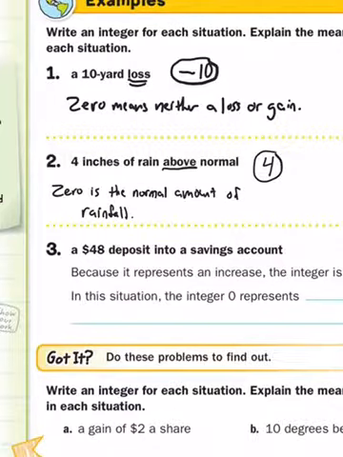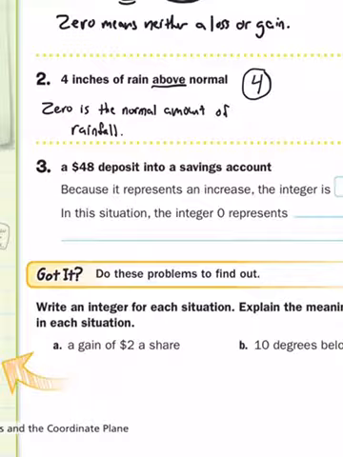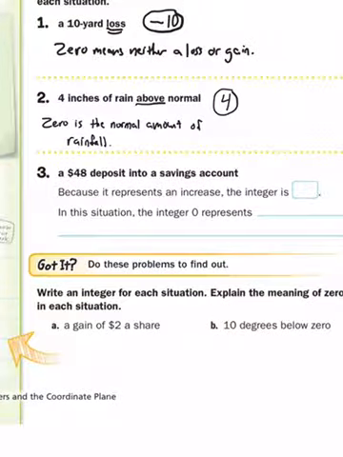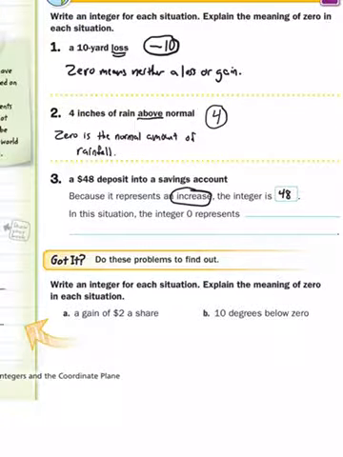Okay, so in example 3, it says a deposit of $48 into a savings account. So think of your checkbooks for this one. If you are depositing money, you are increasing your money. So because it represents an increase, the integer is a 48. Now, it's positive. I didn't write a plus sign. You don't need to do that. Now, in this situation, the integer 0 represents. All right, let's think about it. So, a positive integer represents a deposit.